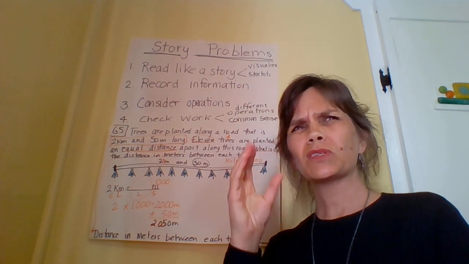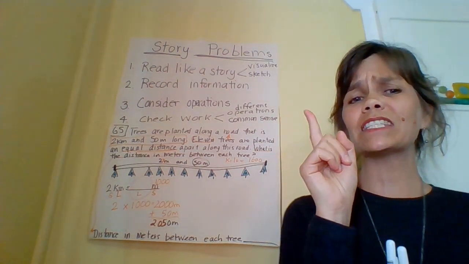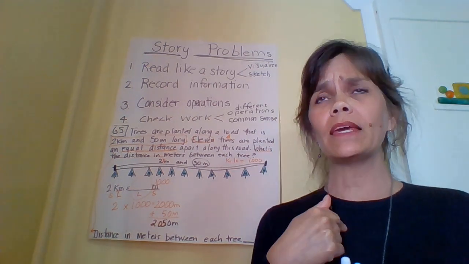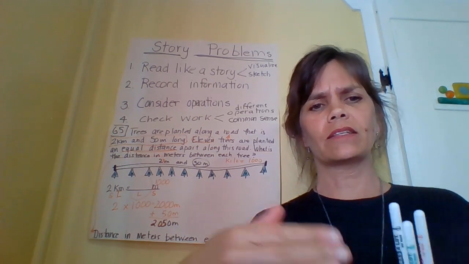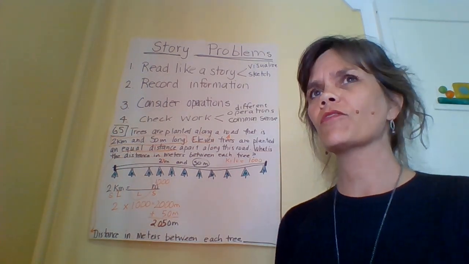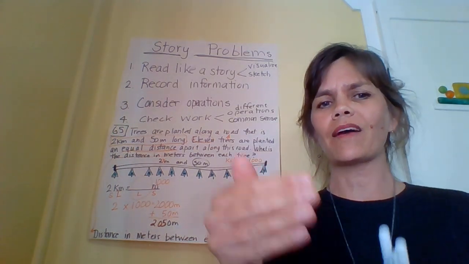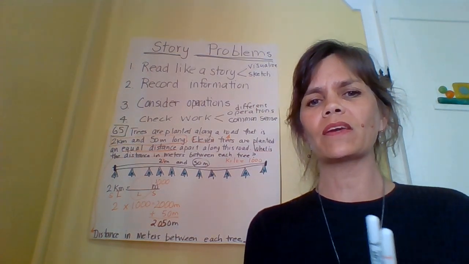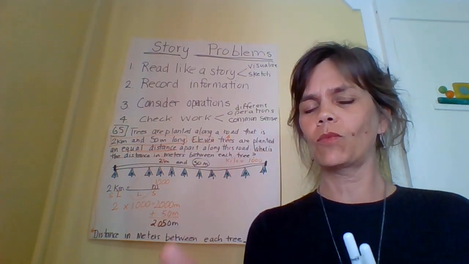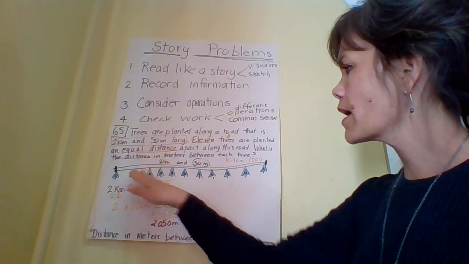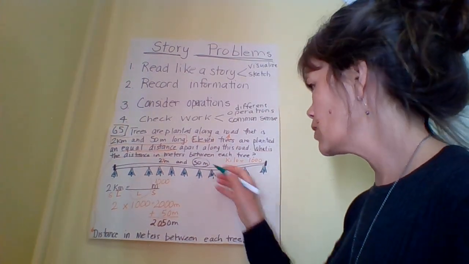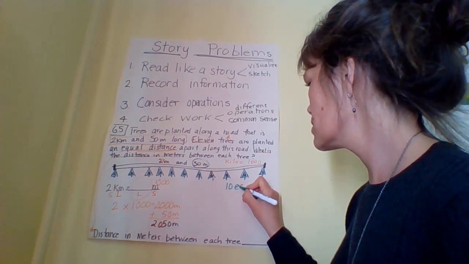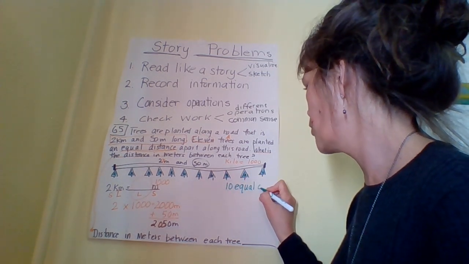And then I'm taking it to a smaller level and I'm thinking, if it's just you and me, there's 2 of us, but there's only 1 distance in between us. And if I'm dealing with the distances, then it's that 1 that I would be thinking about, not the 2 of us, but the 1 distance. So that means I'm going to be working with 10 equal distances, 10 equal chunks of the road.